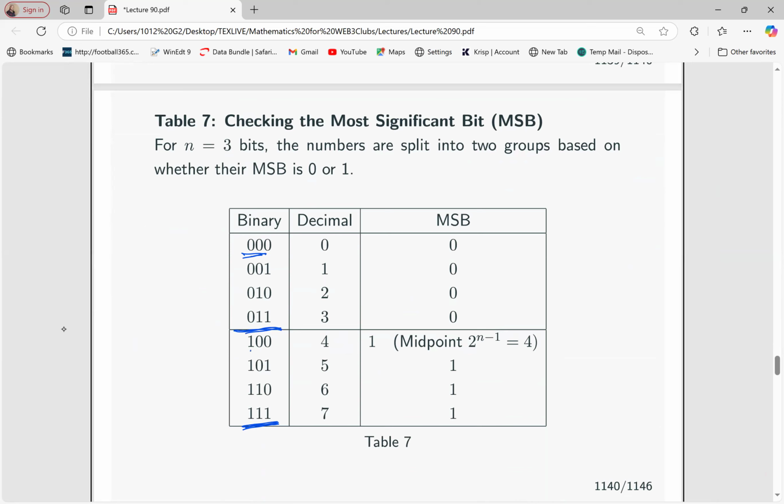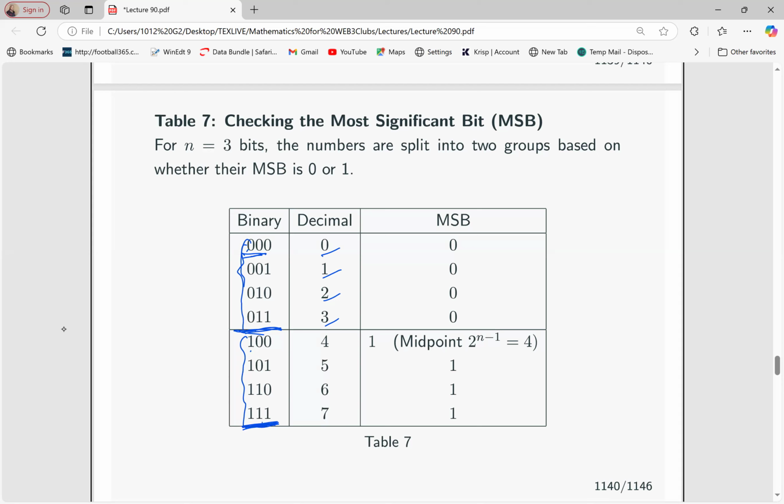So this is where 1 begins. The rest we had 0, 0, 0, 0, 0. This one began with 0, this one began with 0, this one began with 0, that began with 0. So you can see all these begin with zeros. But then after that, we have this that begins with 1s. But then, finally, we have 1, 1, 1. So this is the highest 3 bit we can have.